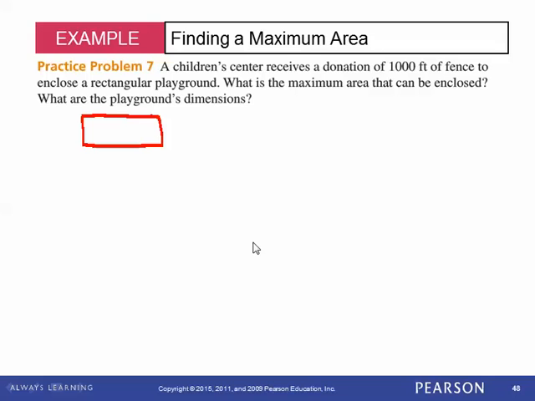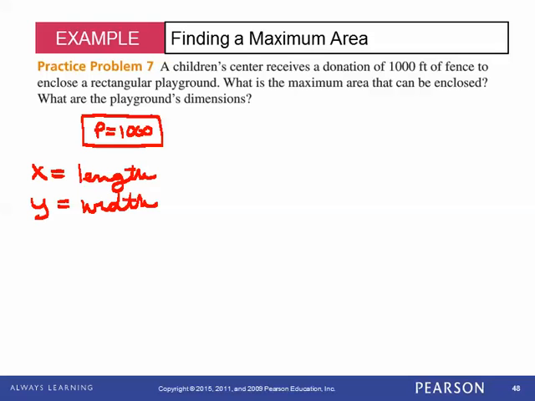So I've got a rectangular playground. And if I have 1,000 feet of fence, doesn't that really mean perimeter? I've got 1,000 feet, which is the fence around, which is the perimeter. So I ask myself, what's the perimeter formula? I can also define the variables here. It looks like x would be my length, and y would be my width of this playground.